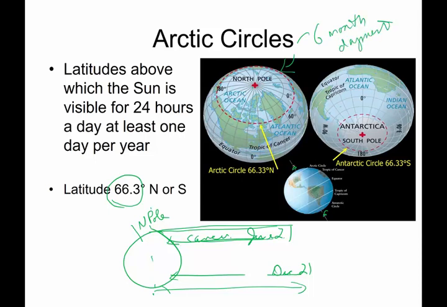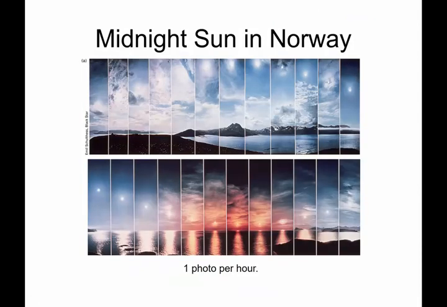And in the South Pole, you're going to have also 6 months of daylight, but they are going to be opposite. In the Northern Hemisphere, this is going to be during our summer. And in the Southern Hemisphere, their 6 months of daylight is going to be during our winter. So it all has to do with the geometry of where the sun is coming from.